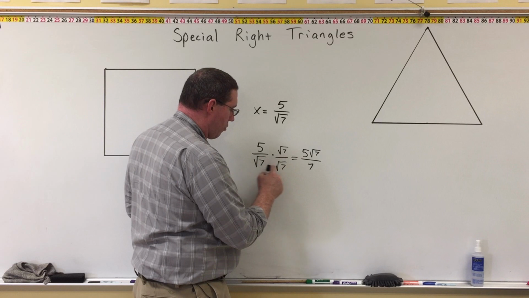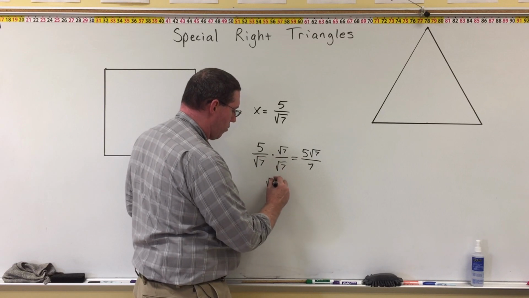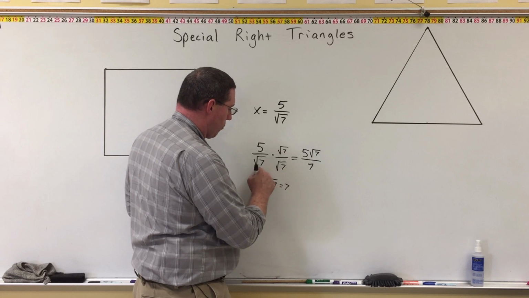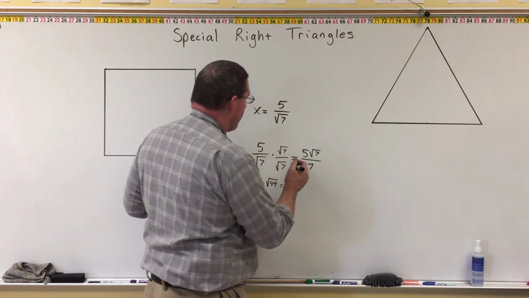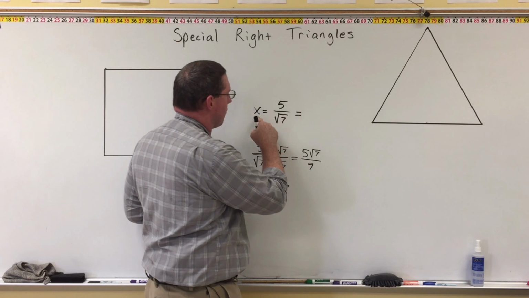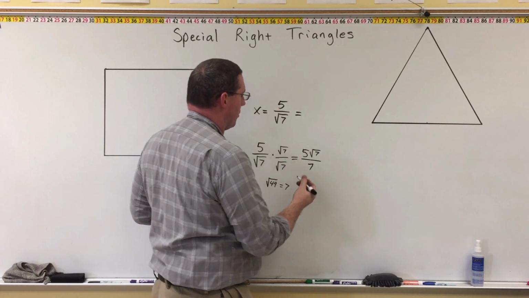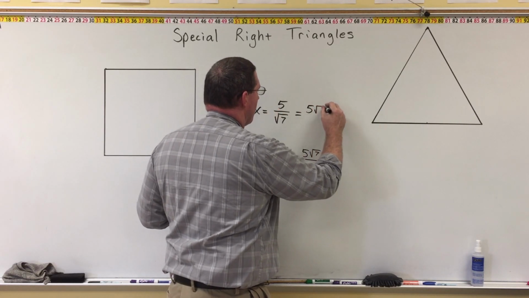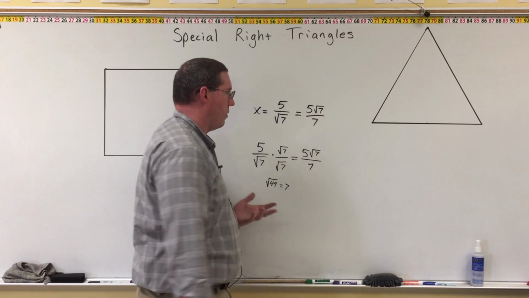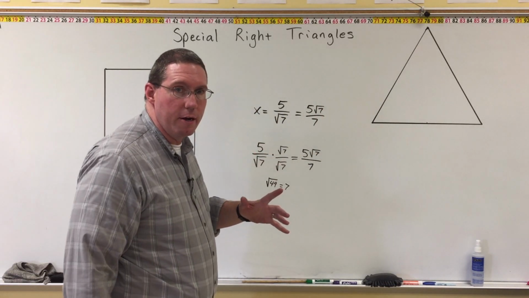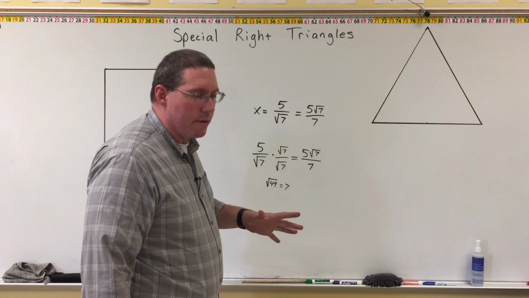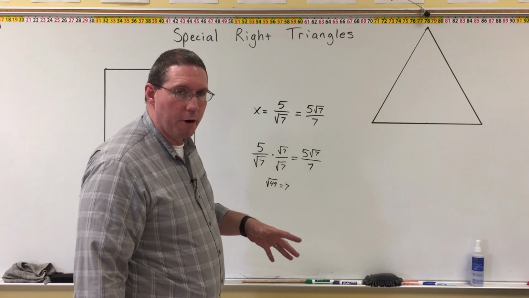Another way to think about it is the square root of 7 times the square root of 7 is the square root of 49, and the square root of 49 is 7. And therefore, the square root of 7 times the square root of 7 is 7. And so now instead of writing our answer as 5 over the square root of 7, we would write it as 5 square root of 7 over 7. Okay. Now you may see a little pattern in here, and if you do see the pattern, it's accurate. It can be relied upon pretty much every time.